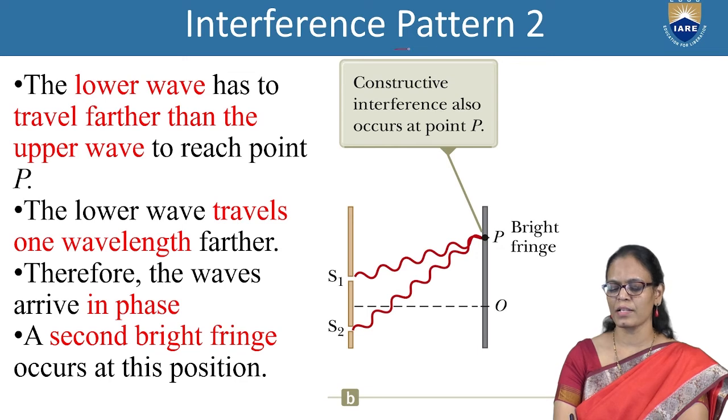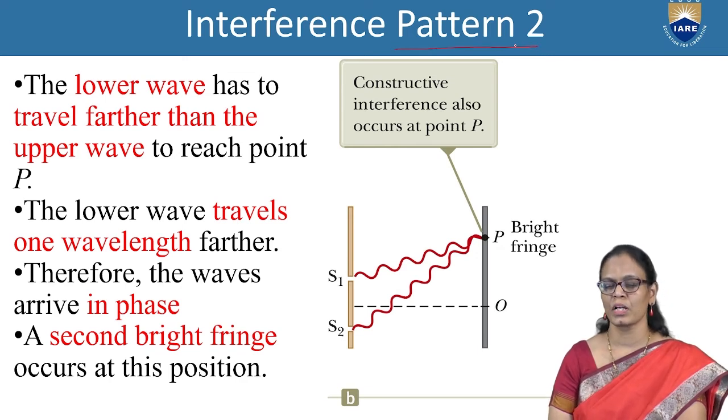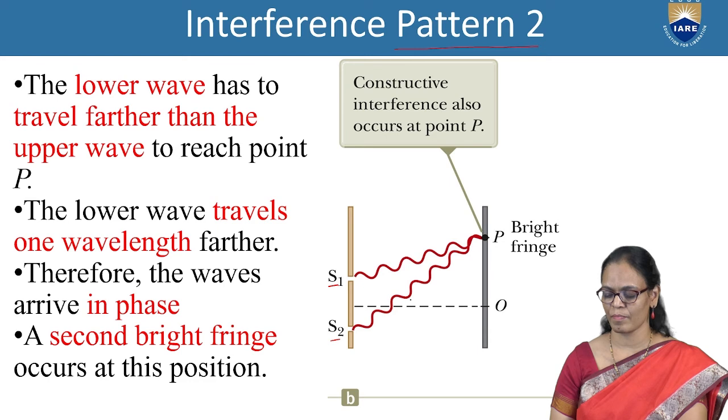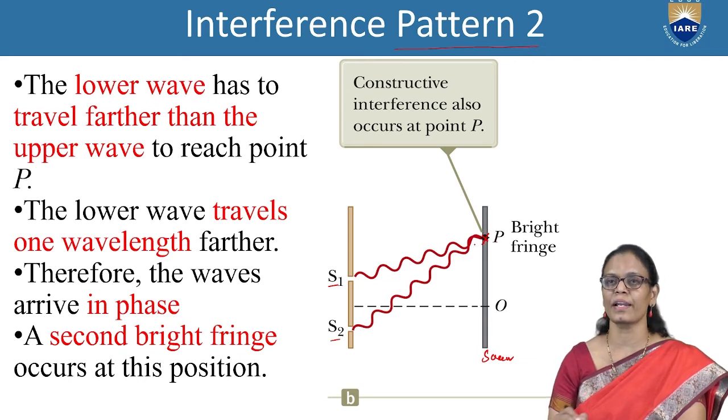Now let us understand pattern 2. So in pattern 2, again we have the same setup. Two sources, S1 and S2, sending out waves. And this is the screen. And this is the point P at which the waves are arriving.